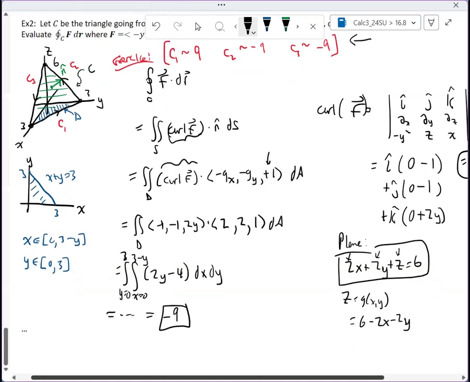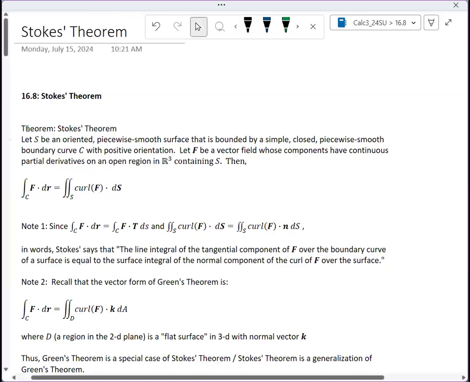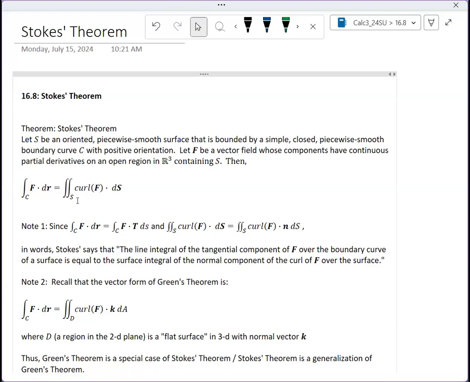Okay, so that finishes up our discussion on Stokes' theorem, section 16.8. Hopefully it gives you some insight into both some applications in physics and engineering where this is actually useful, and some practical examples of how it can be useful.